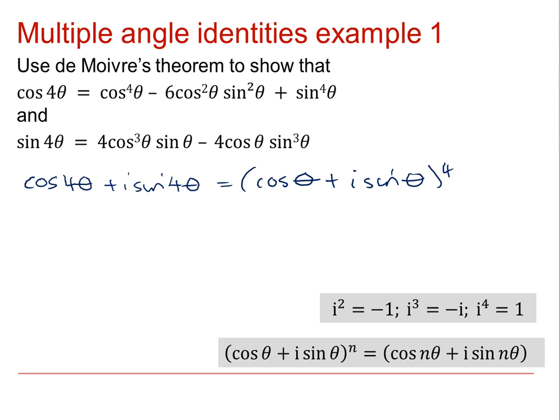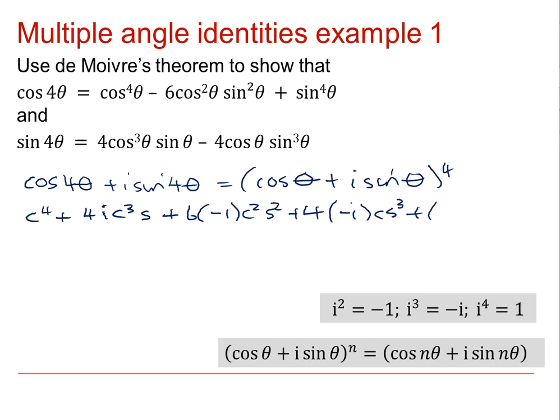So expanding that second bracket, I would get C^4 plus 4i C^3 S plus 6 times minus 1, which is i squared, C squared S squared, plus 4 times minus i, given that i cubed is the same as minus i, C S cubed, plus 1, this being the same as i to the power 4, S^4.